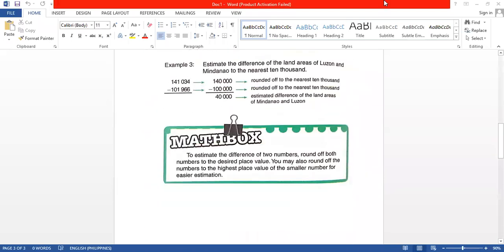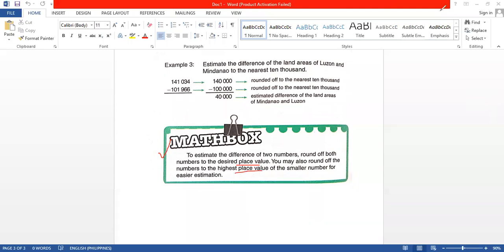So we have here different examples in estimation of differences. Let's remember this one, grade 3. To estimate the difference of two numbers, round off both numbers to the desired place value. Remember, the place value can be ones, tens, hundreds, thousands, and 10,000s. You may also round off the numbers in the highest place value of the smaller number for easier estimation.